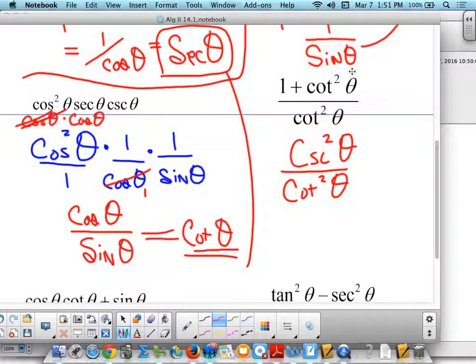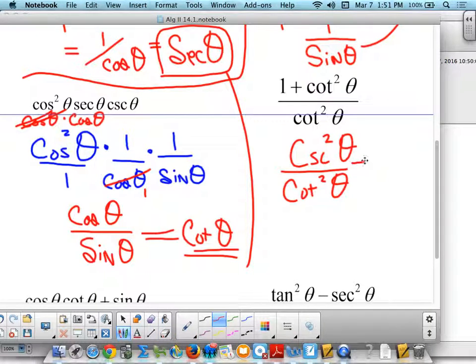I know what you guys want to do. You want to do this and this. This can only be done if you have multiplication. You don't have multiplication, so you can't do that. Okay? Sorry, good try. It's not it.